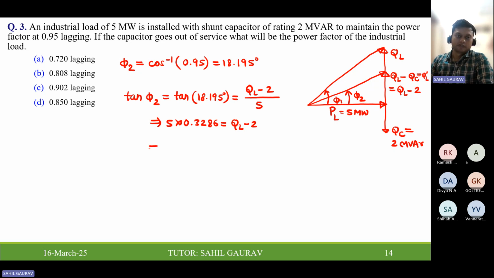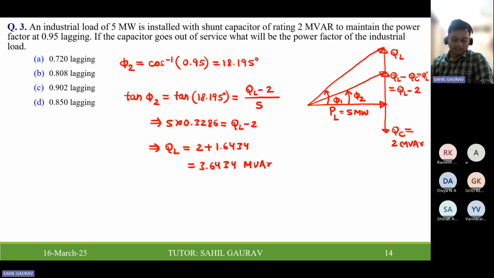So QL minus 2 is 1.6434. Therefore, QL comes as 2 plus 1.6434, so 3.6434 MVAR. Now you have QL, the reactive power demand of load before compensation, so you can easily find phi 1.